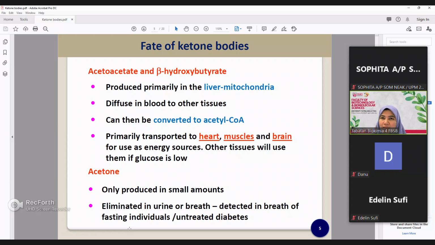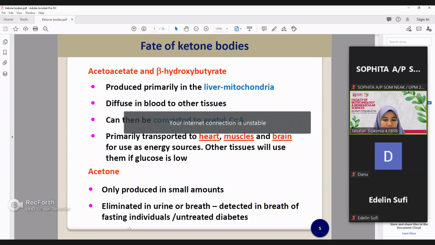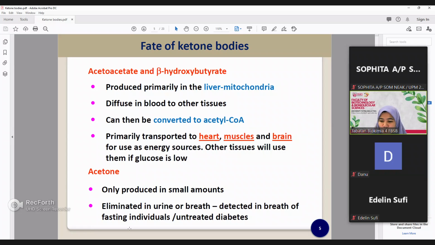Acetone is the less abundant ketone body, and it is only produced in small amounts. It can be used to characterize the breath of persons in ketosis or with untreated diabetes mellitus.